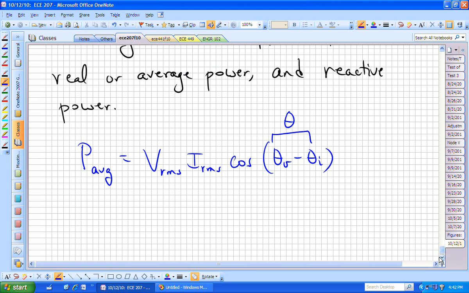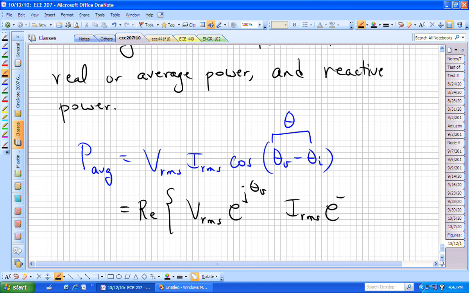But now knowing all that you know about Euler and different math, that's why you studied it, that could be viewed as just the real part of these complex phasors. VRMS e to the j theta sub v, and IRMS e to the, what do I need to do to this phasor to allow me, when I just look at the real part, to end up with my angle being the difference between theta sub v and theta sub I?